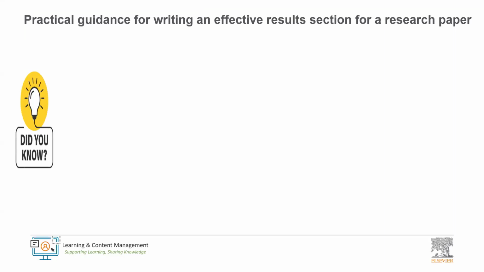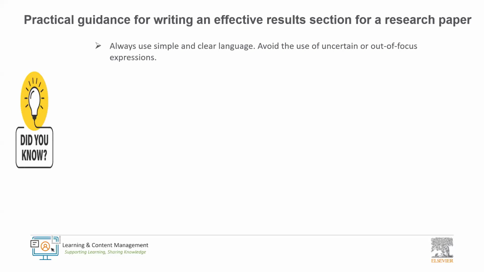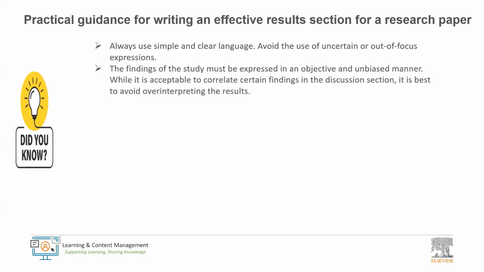So I'm going to share with you some tips. Always use simple and clear language. Avoid the use of uncertain or out of focus expressions. The findings of the study must be expressed in an objective and unbiased manner.